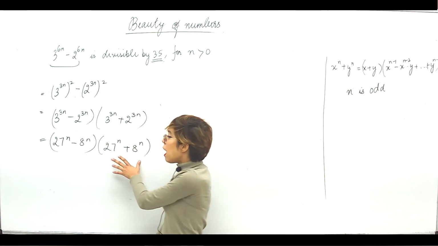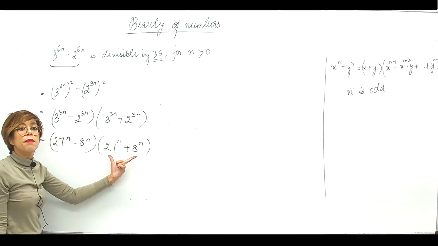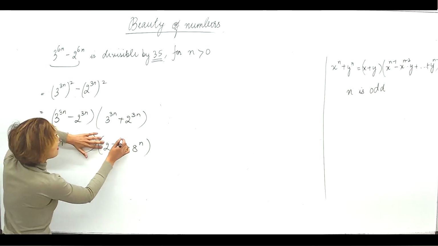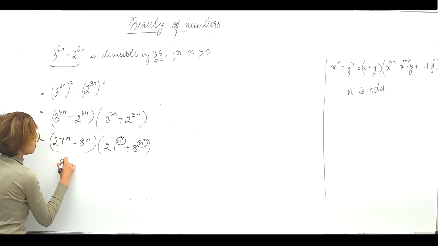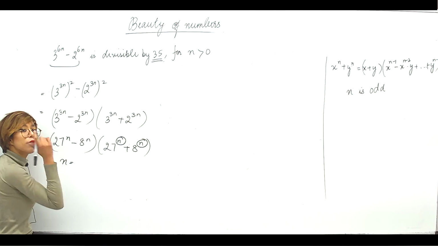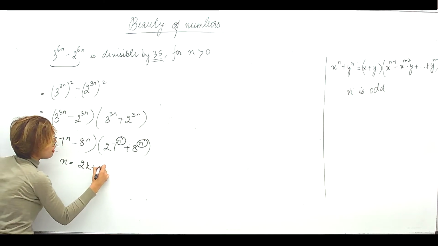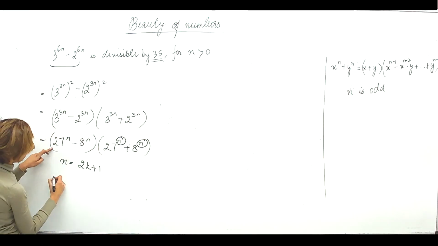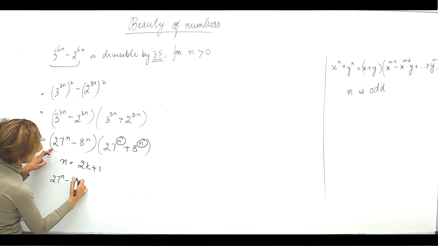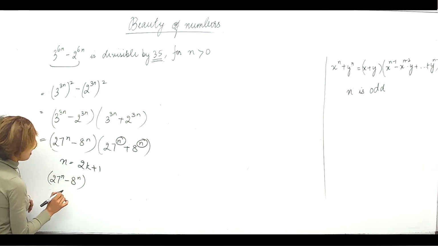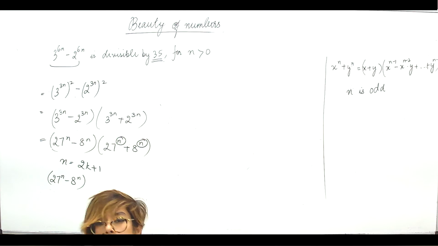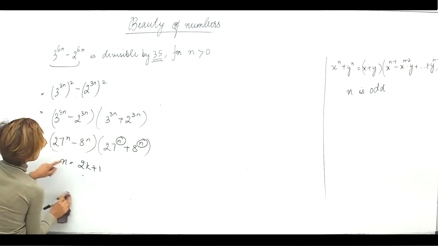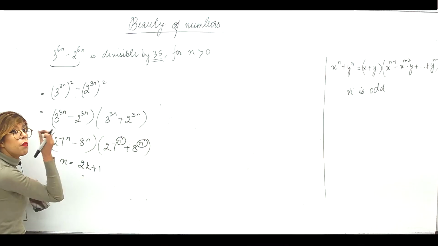So from here, I can get 35 easily if n is odd. Let me consider this. So n is odd, which means it is of the form 2k plus 1. So this becomes 27 raised to n minus 8 raised to n. Better to write 2k plus 1 here. Now replace n by 2k plus 1 because it is odd and I want to highlight it.